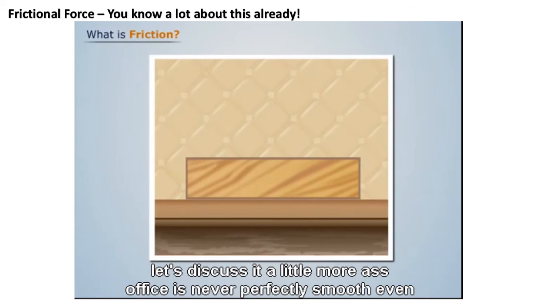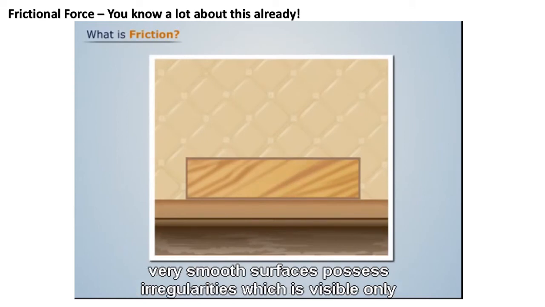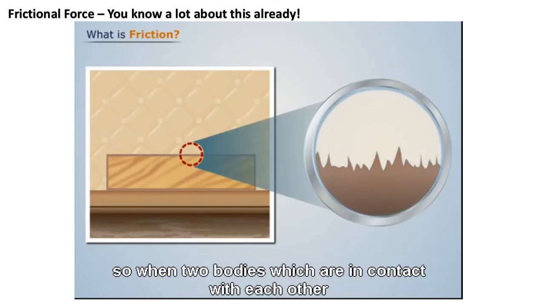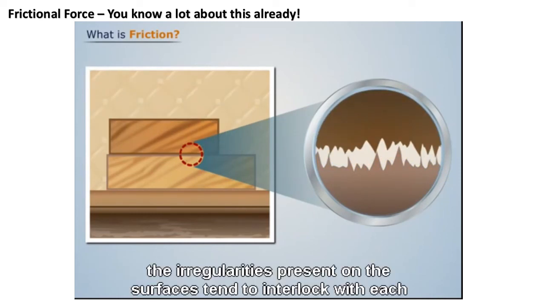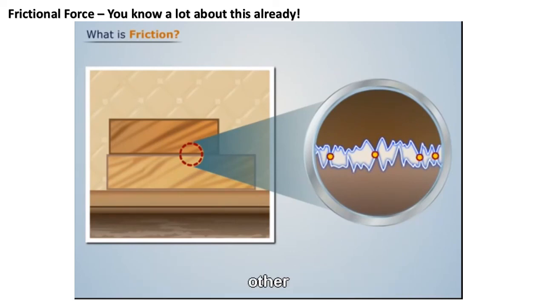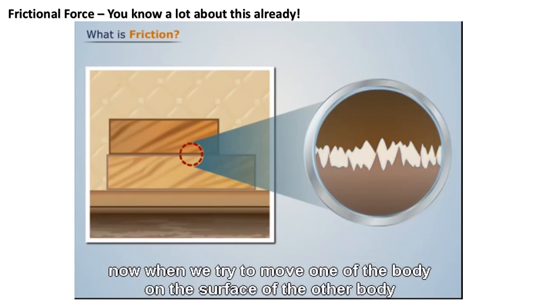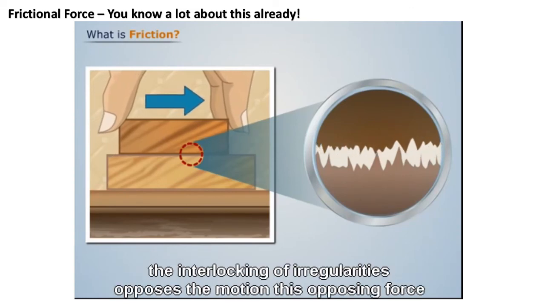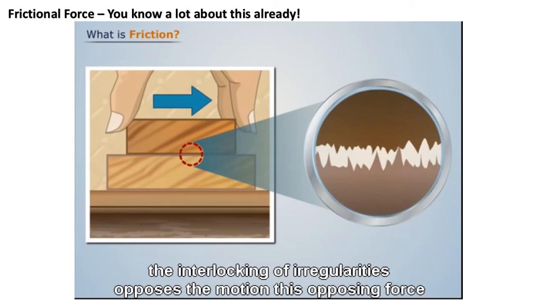A surface is never perfectly smooth. Even very smooth surfaces possess irregularities, which are visible only through a microscope. So when two bodies are in contact with each other, the irregularities present on their surfaces tend to interlock with each other. Now, when we try to move one body on the surface of the other body, the interlocking of irregularities opposes the motion.